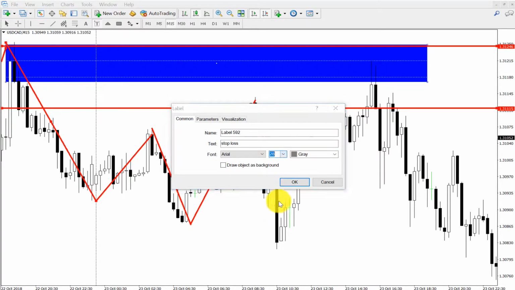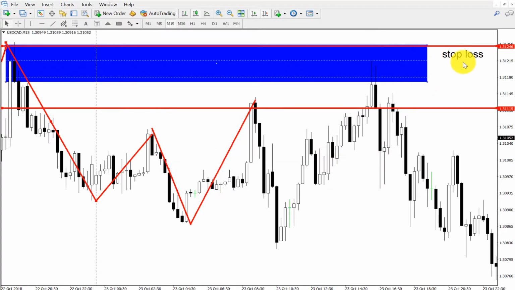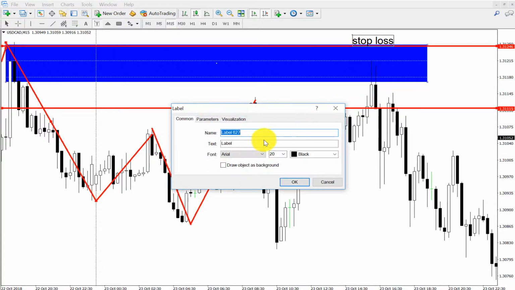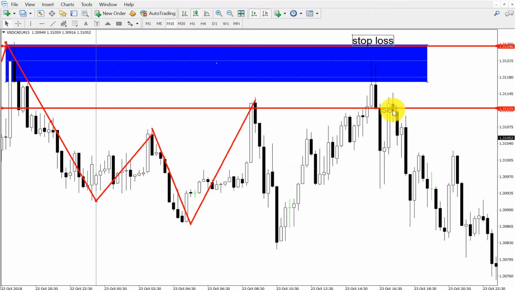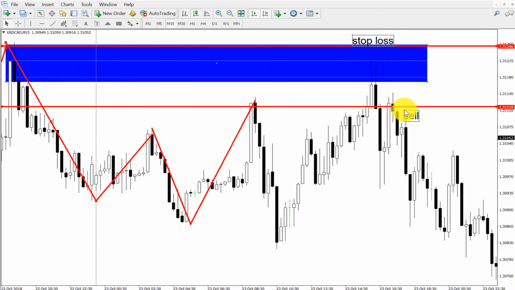stop loss here and sold here, then our stop loss was only 13 pips.